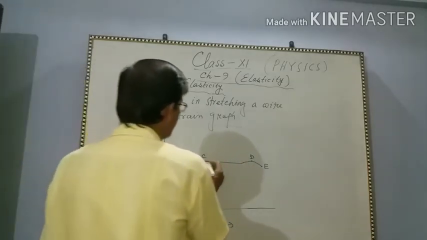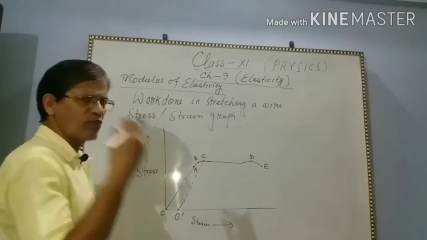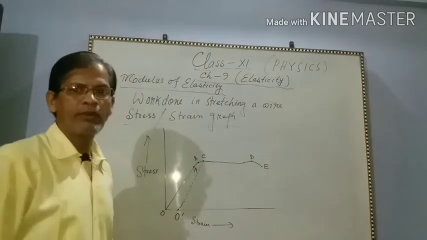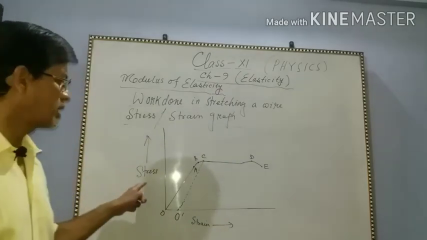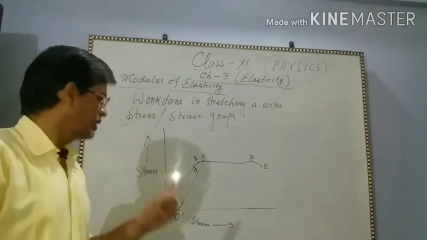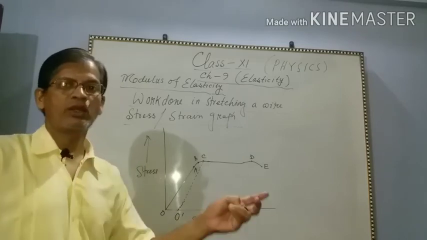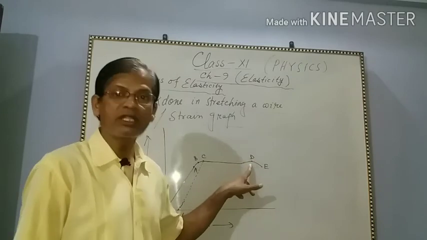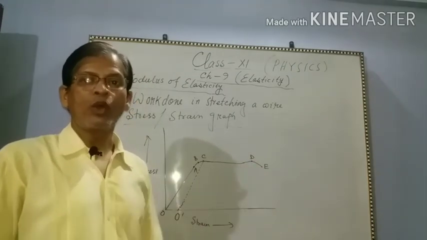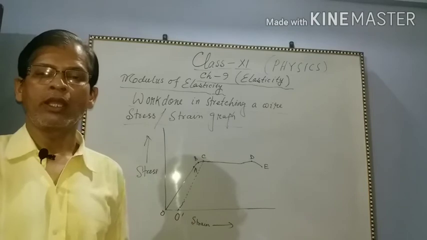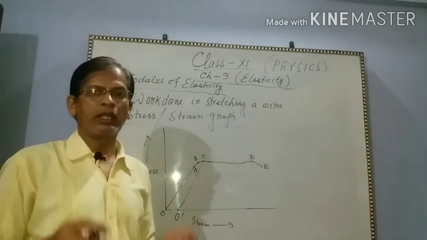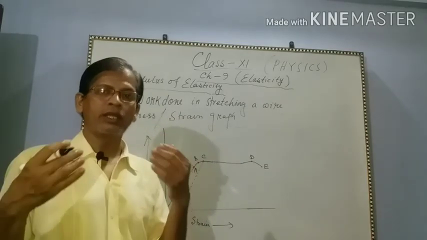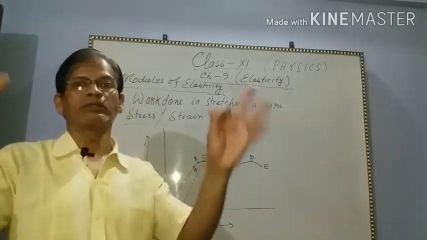And then it is seen that if the stress is increased a very small amount, then the strain increases a large amount. And at a certain time it is seen that when all the load is unloaded, the wire is still increasing in length. That means the wire is flowing.